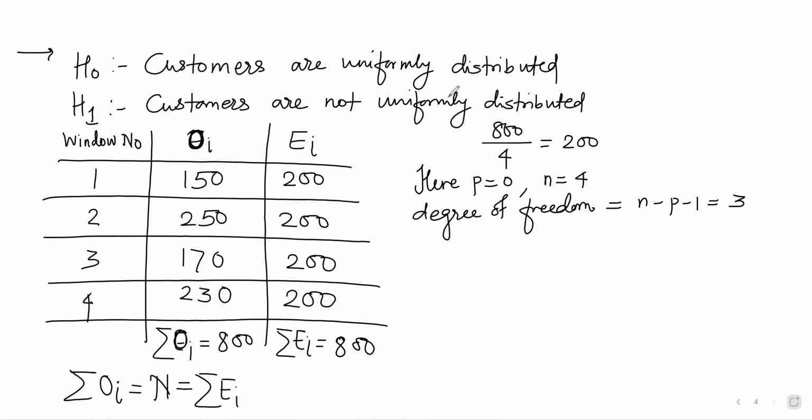Now I have to calculate chi-square as the summation of (OI minus EI) whole square divided by EI.